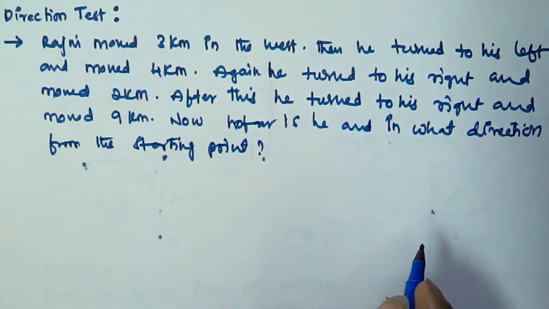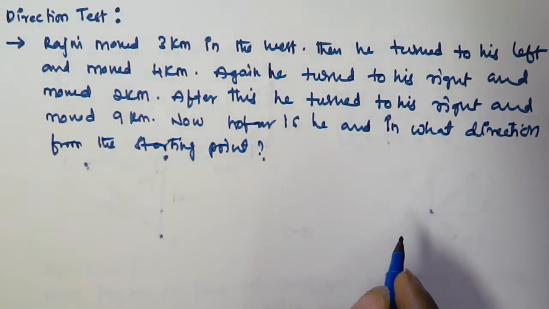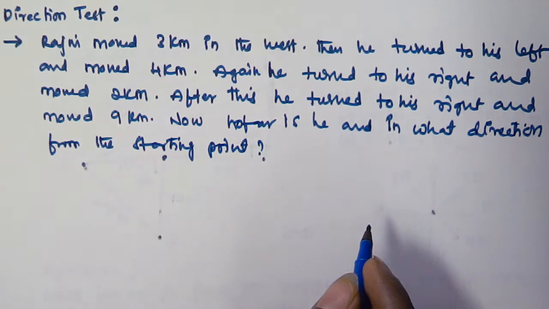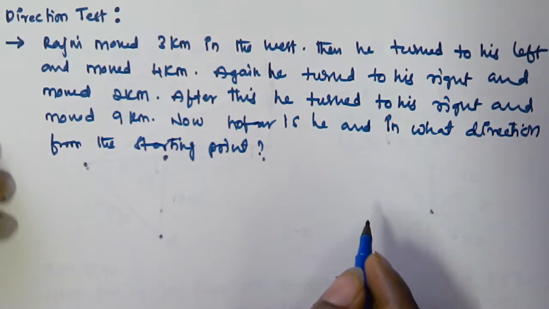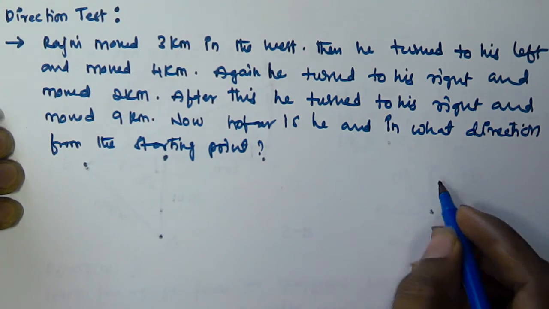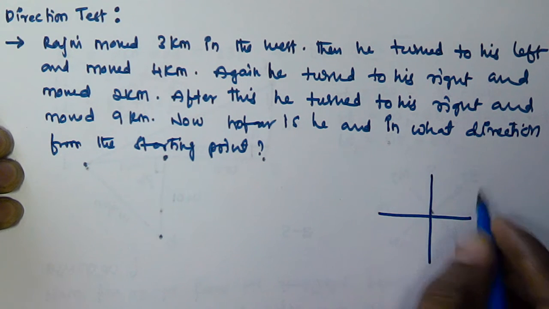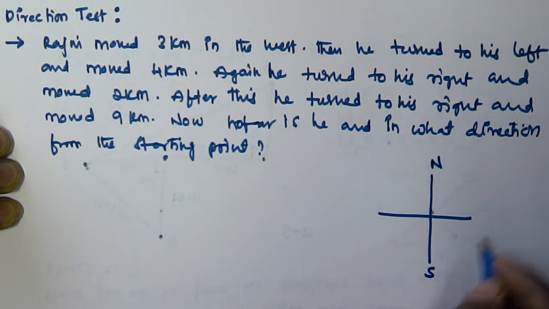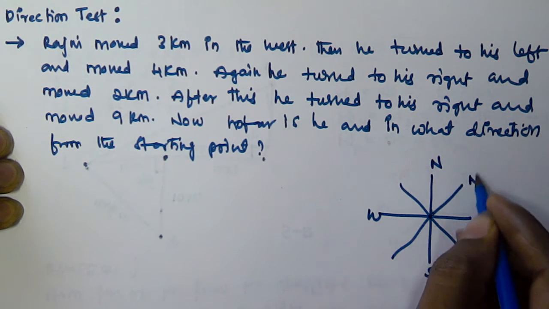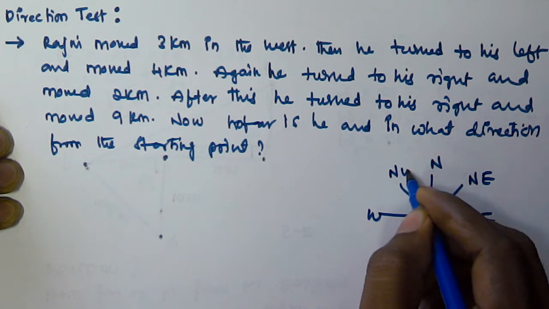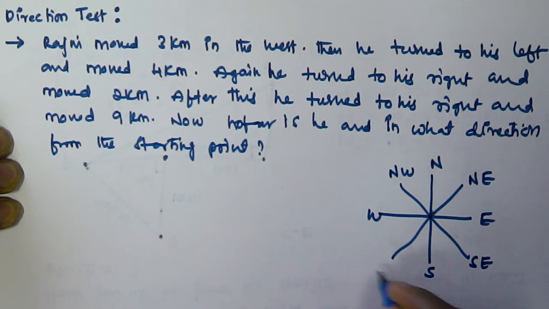Okay, so Rajni moved 3 kilometers in the west and then he turned to his left and moved 4 kilometers, right? So that means somewhere he is starting. So let's take the basic directions. This is north, south, east and west, and this is northeast, northwest, southeast, and southwest.